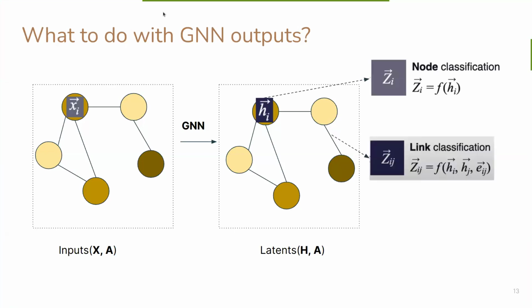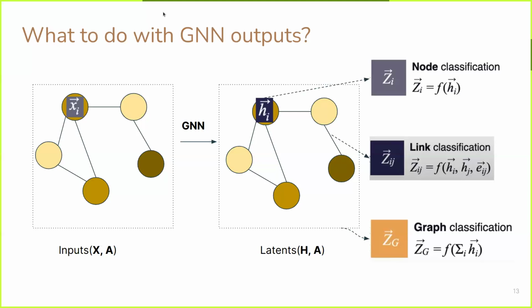Or we can do link level classification, trying to determine the relationship between this node and another node. Or we can do a whole graph level classification, considering all the nodes and all the links in the whole node embedding space.